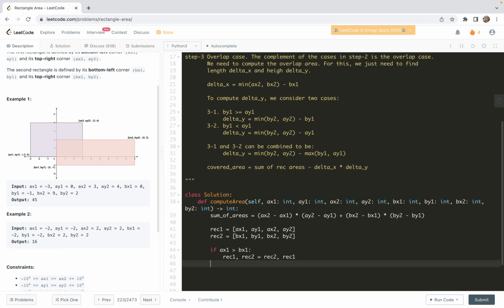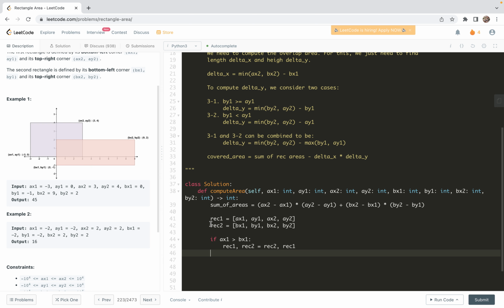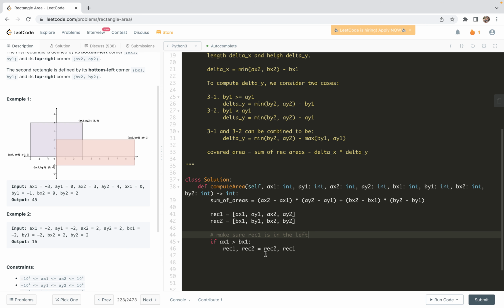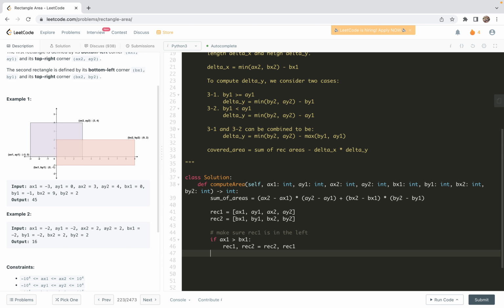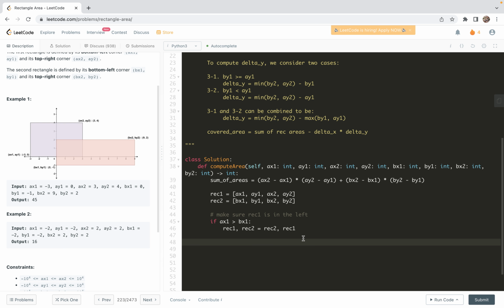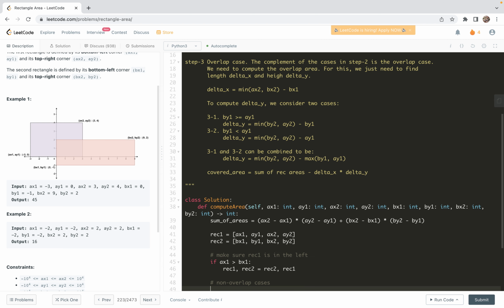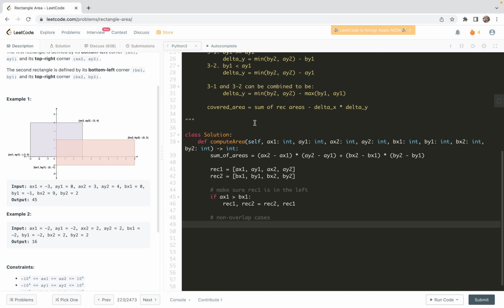So let me check: if ax1 is larger than bx1, then I just switch these two, rec2, rec1. This way, we always make sure rec1 is on the left, so we can use rec1 as a reference.